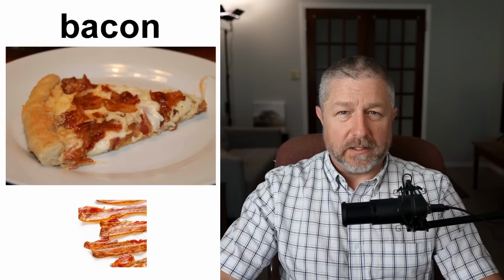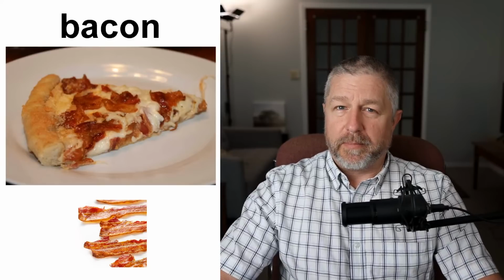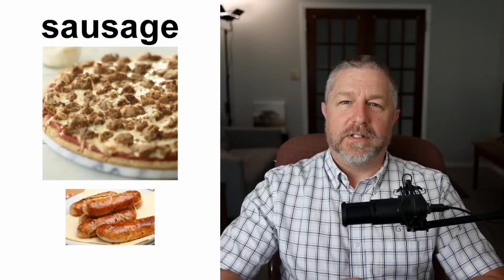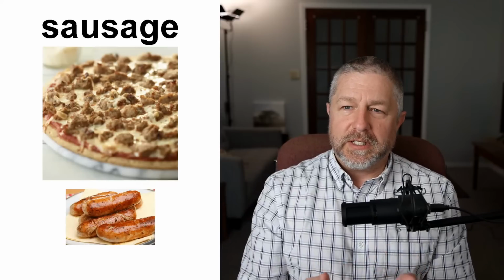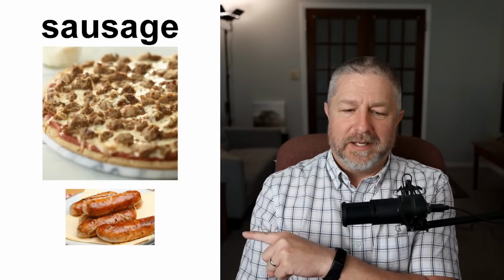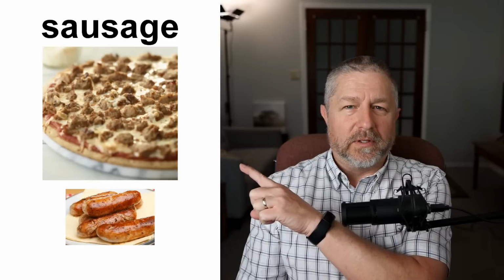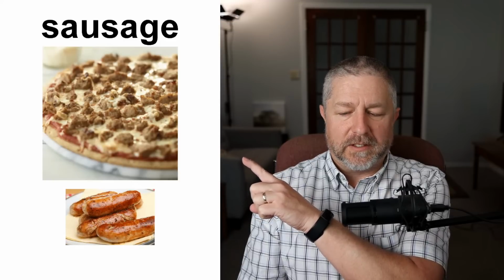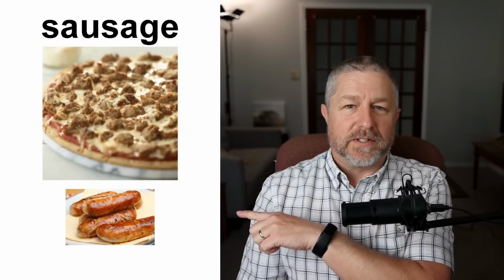If you order a meat lover's pizza, it will have pepperoni, bacon, and sausage on it. Speaking of sausage, the sausage we put on pizza doesn't look like the sausage at the bottom. We usually crumble the sausage up, and so it looks like this when you put it on pizza. So this is a sausage.